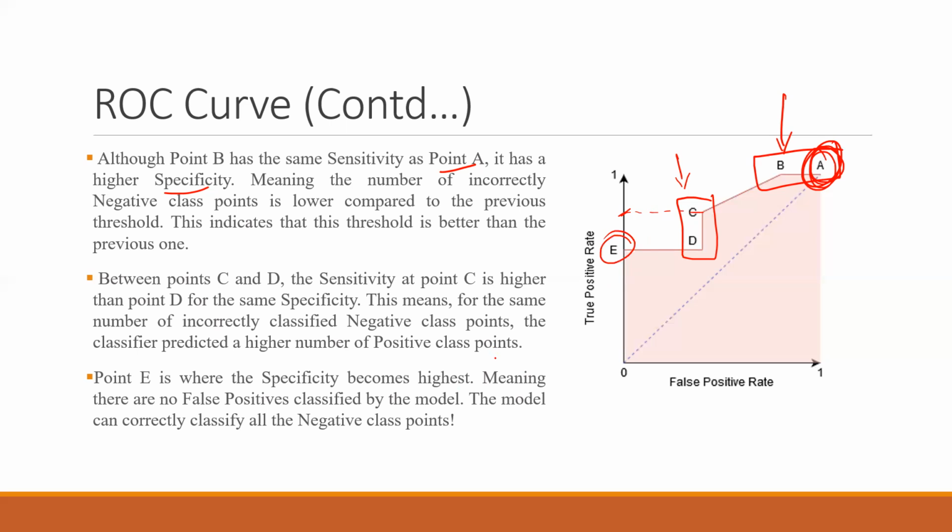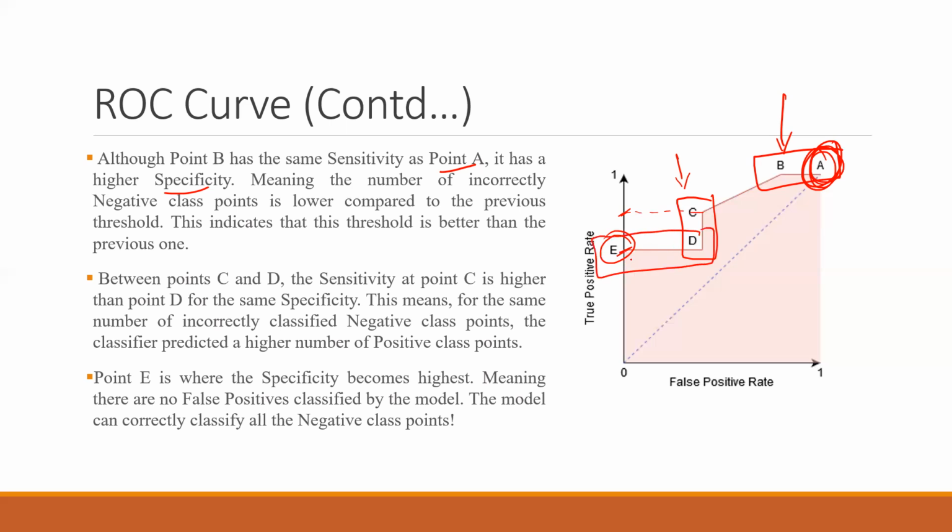E. E, right? Because your specificity is 1, FPR is 0, it means specificity is highest, and you are also performing decent in sensitivity. So between E and D, your E is better.